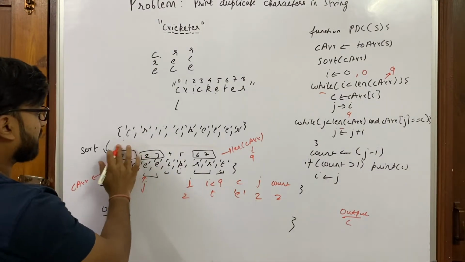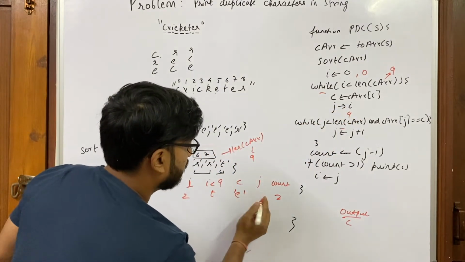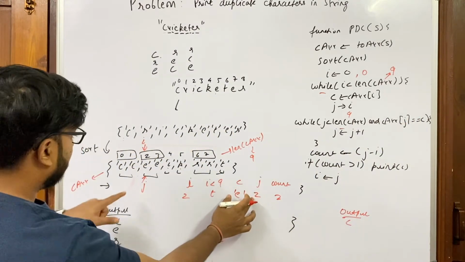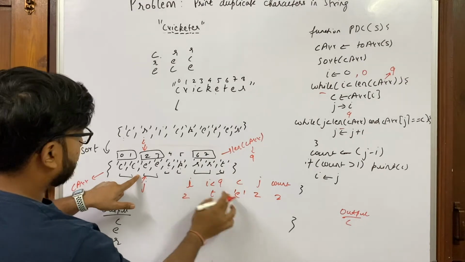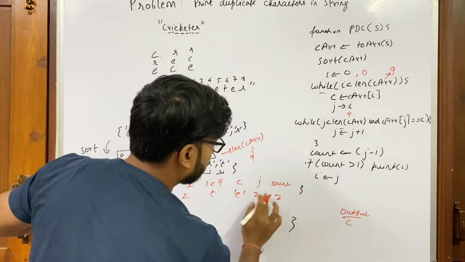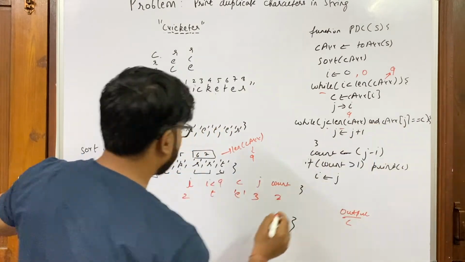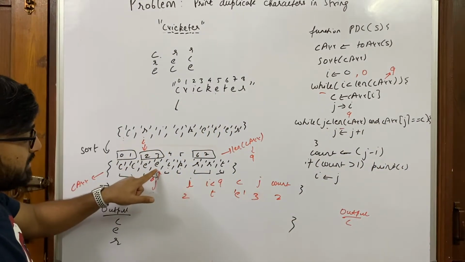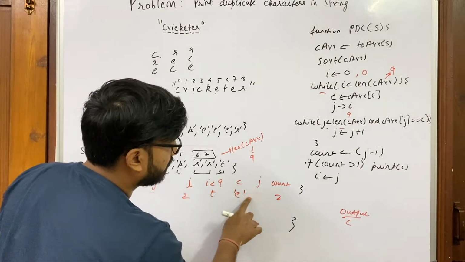I is here now. You set J is equal to I, J is 2 now. 2 is less than 9 is true. CARR of J is E, and C is E. It is true. You do J is equal to J plus 1, J becomes 3. 3 is less than 9 is true, CARR of J is E, so E is equal to C is true, so J becomes 4 now.